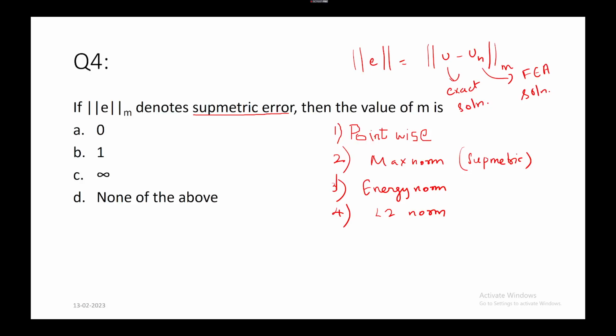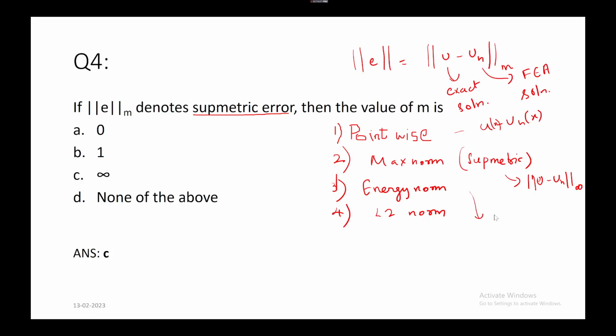So shall we go to the answer? Actually the answer is C. For pointwise error we do not have any such notation; it's just u of x minus u_h of x. The max norm is nothing but the norm of u minus u_h with subscript infinity.